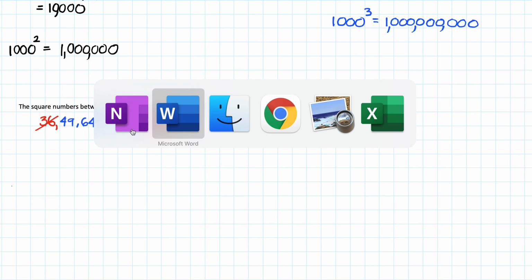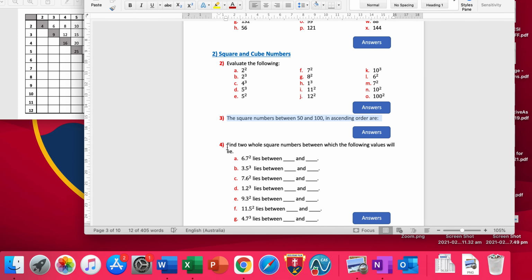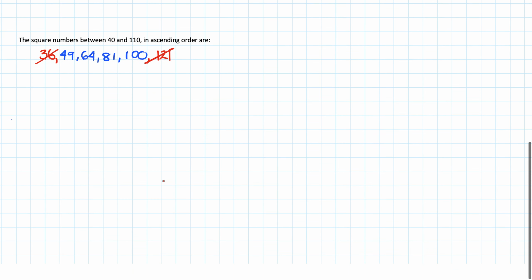Wonderful. Now, the other type of questions that you're going to have is something like this. That says, find the 2 whole numbers between which the following values lie. So let's do this type of questions here.